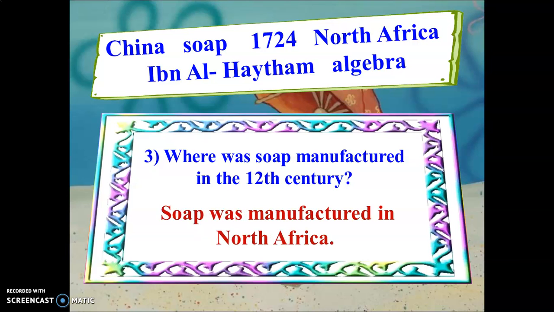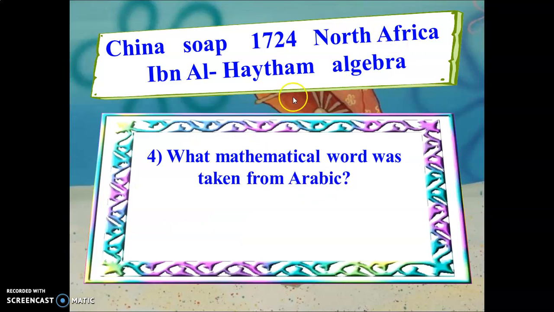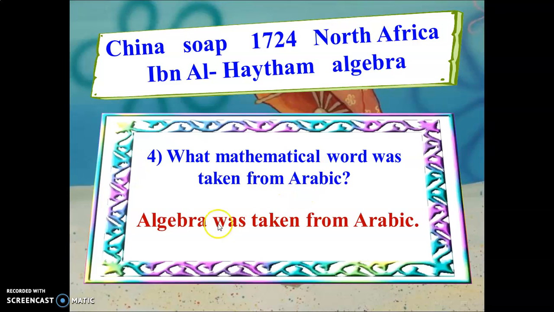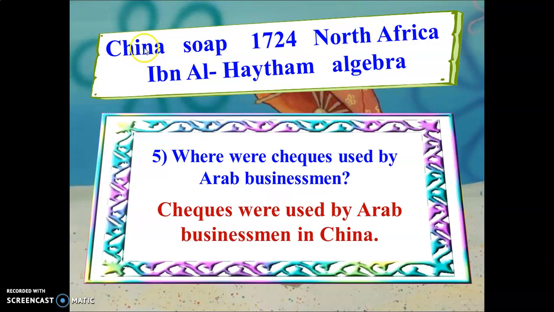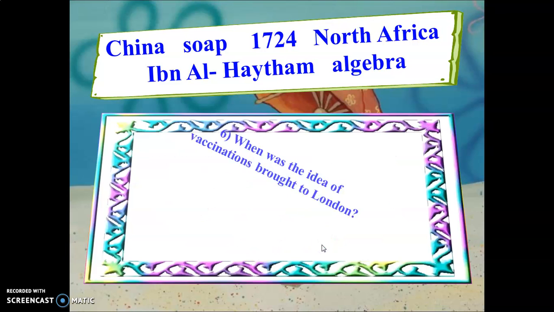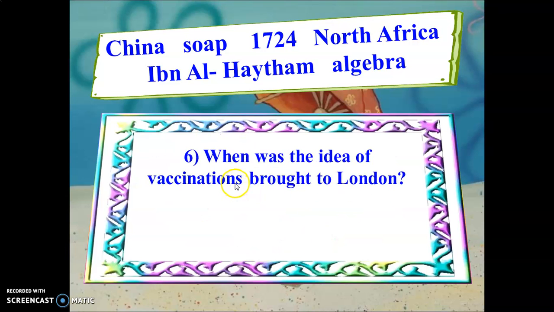Soap was manufactured in North Africa. What mathematical word was taken from Arabic? Algebra was taken from Arabic. Where were checks used by Arab businessmen? In China, of course. Checks were used by Arab businessmen in China. Very good.